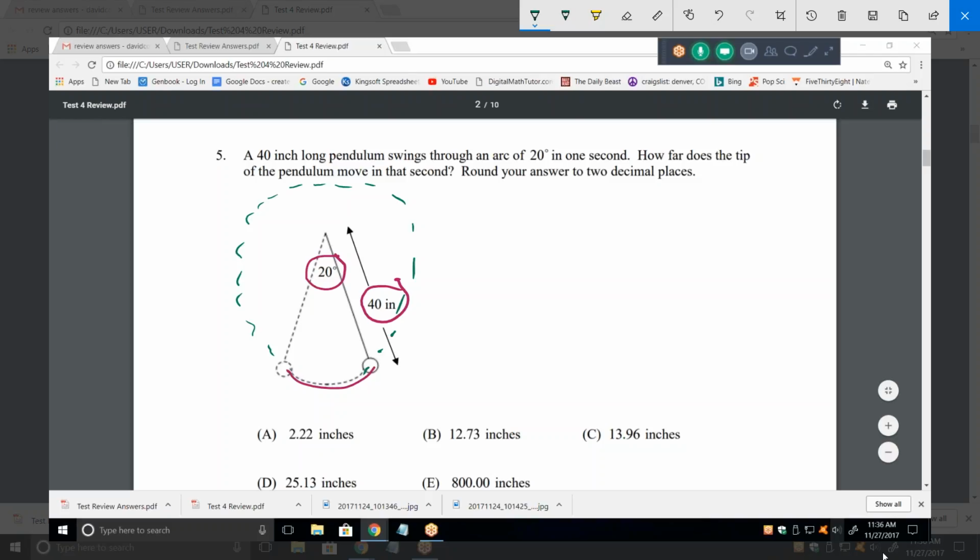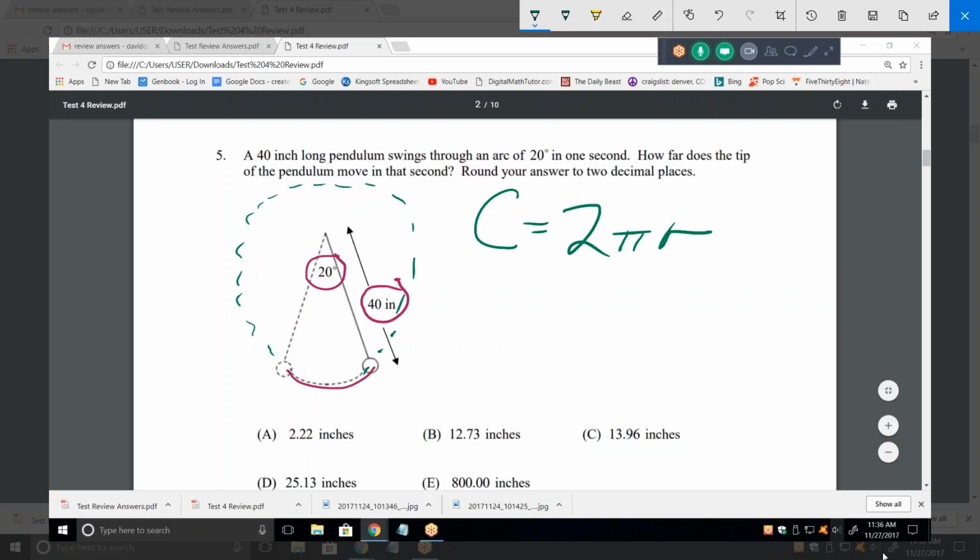What would the circumference of the green circle be? What's the general formula for circumference? It's not pi r squared. What is it? 2 pi r.